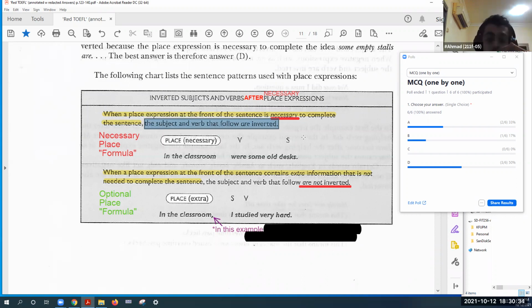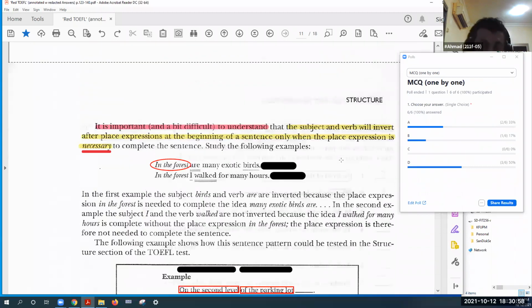My question is, let's imagine that we delete the necessary place. Can we put the object after the subject and make a full sentence without the necessary place expression? Could you go back to the first example to make my idea clear?